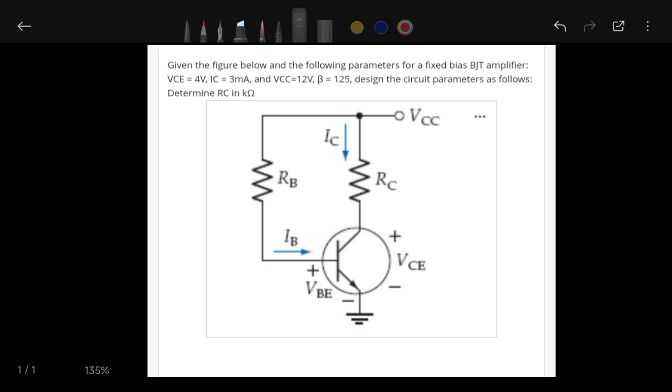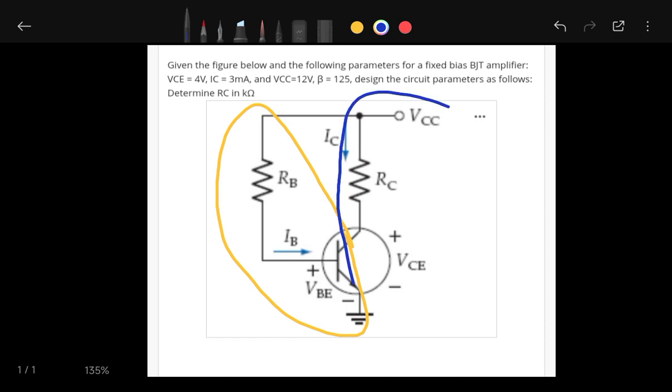After identifying that, you have to redraw the circuit. To make things easier, you're going to draw two loops: a base emitter loop and a collector emitter loop, so that you can do the calculations.